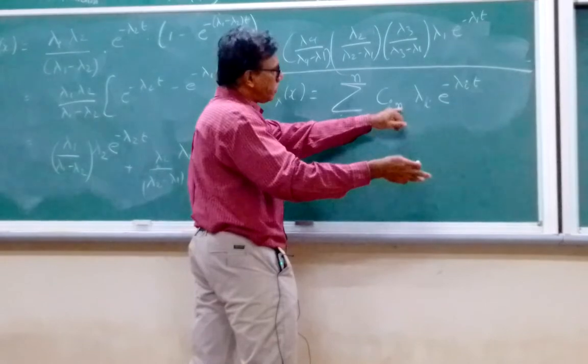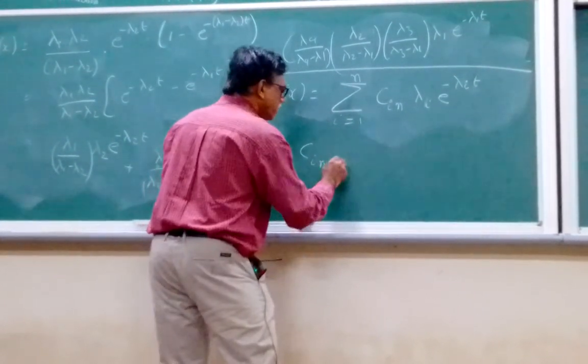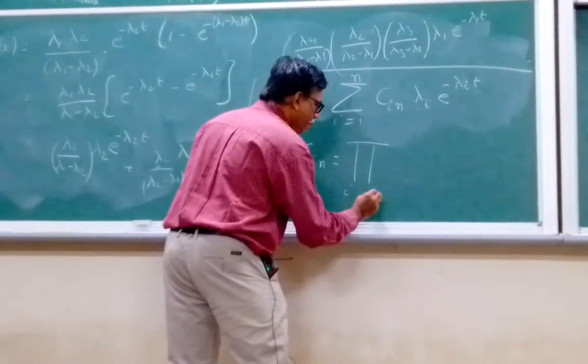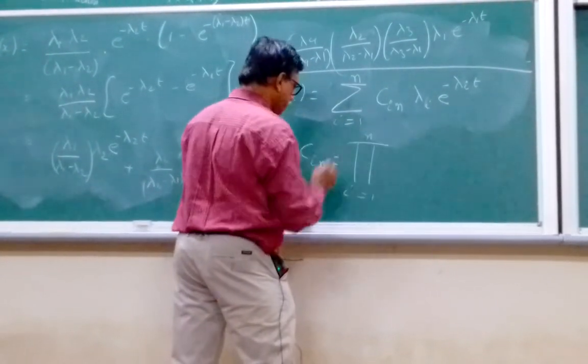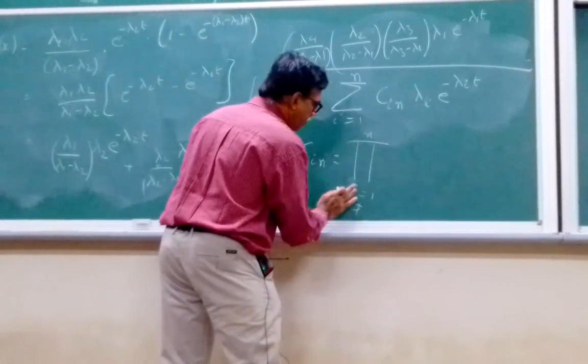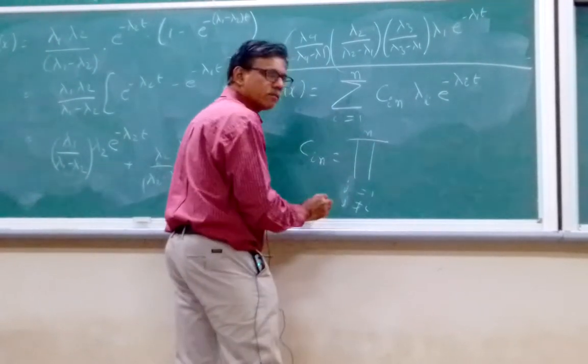If it were a different m, then it will be different. So C i n, i varying from 1 to n, and j varying from 1 to n, j not equal to i.